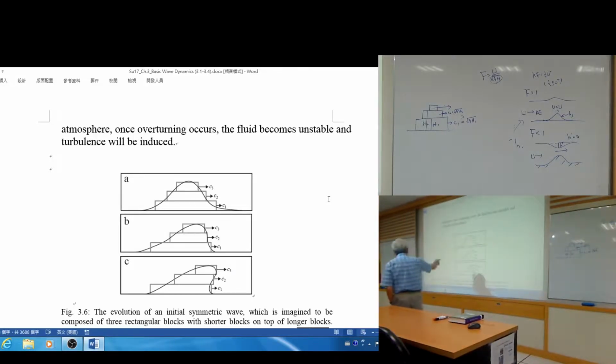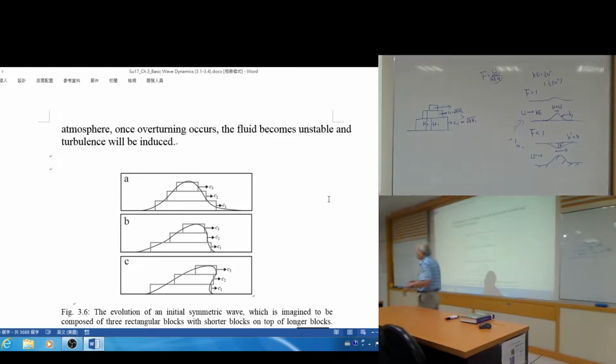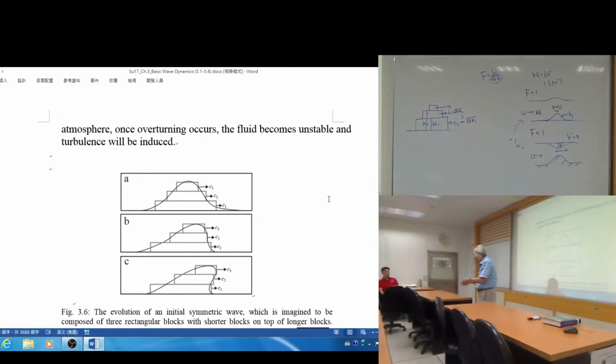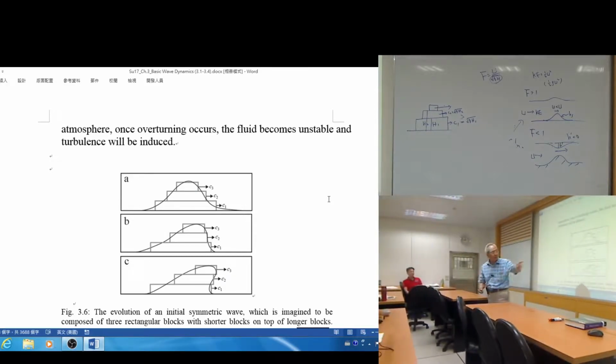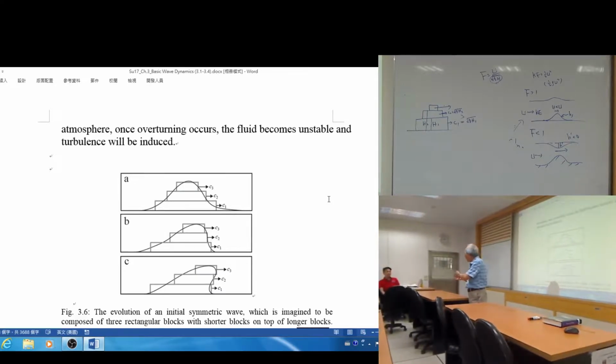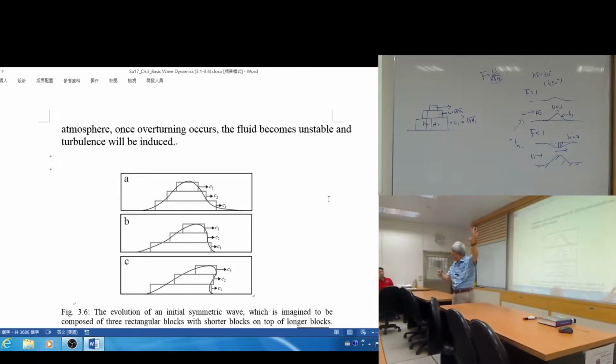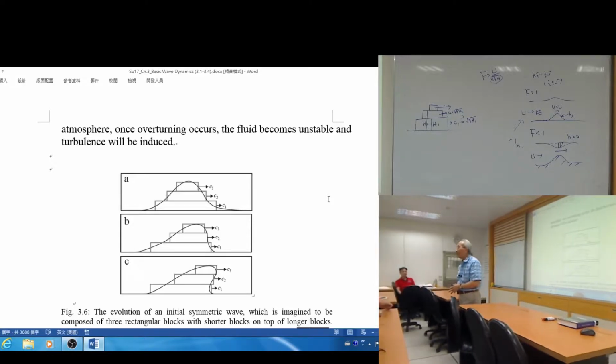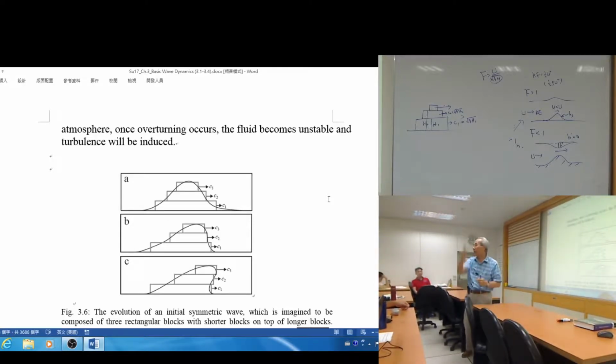We just assume linear and steady state to get a simple solution to explain some basic dynamics. When you go to transient, time-dependent flow, like the regimes on the right-hand side, they are time-dependent and nonlinear. Without nonlinearity, you don't have the hydraulic jump.